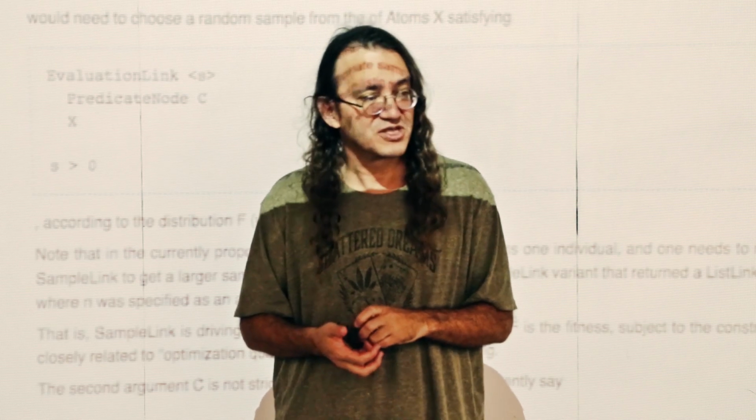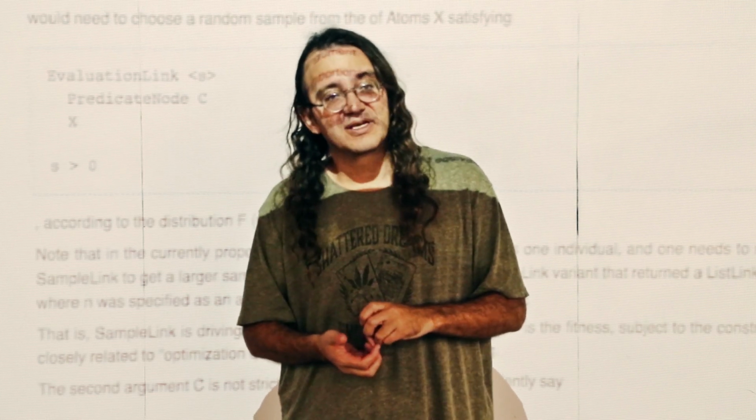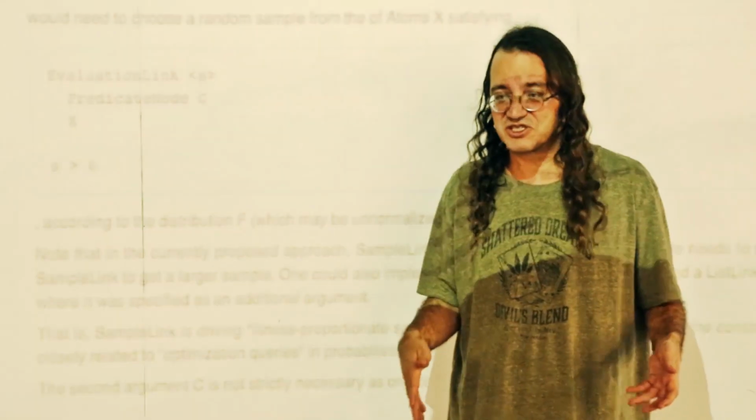And to the extent that some cognitive process just wants to grab an atom with a probability proportional to its importance to reason on, again, that's sampling from the atom space.